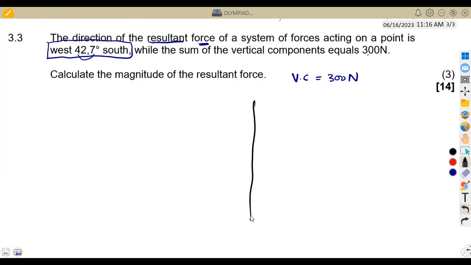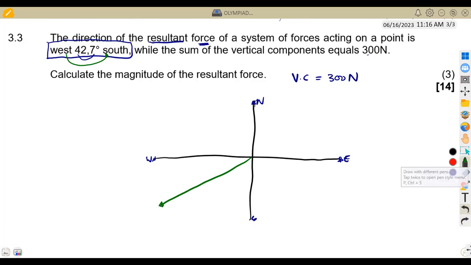Here is our east, our west this side, our north, and our south. Our resultant is taken west to the south. We are moving from the west going to the south, meaning this is where our resultant is, somewhere here.